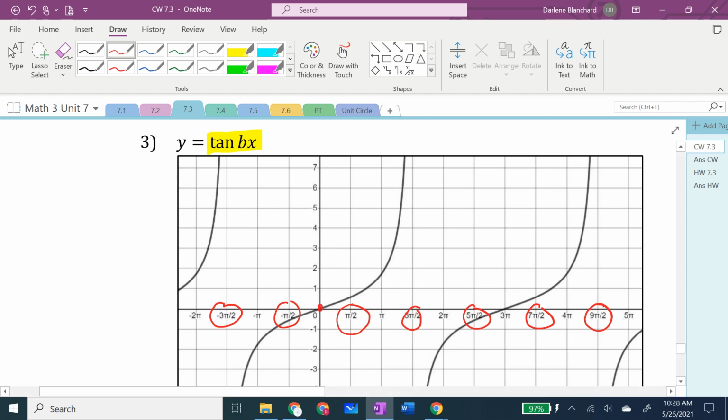Tangent normally goes through the origin. Can you see that the asymptote that would normally be located at pi over 2 has been stretched out to 3 pi over 2?